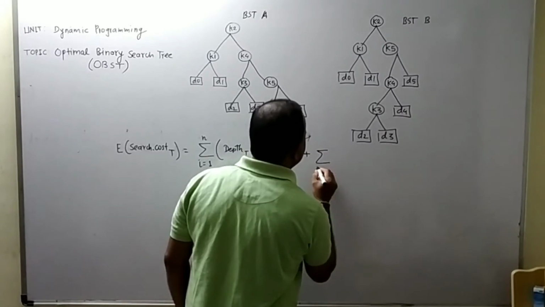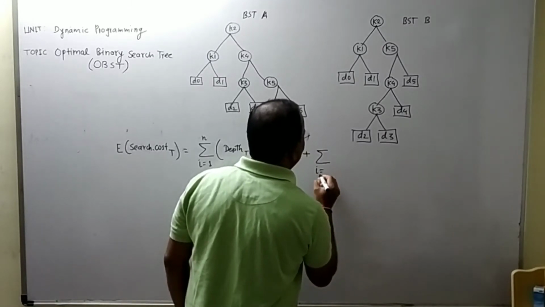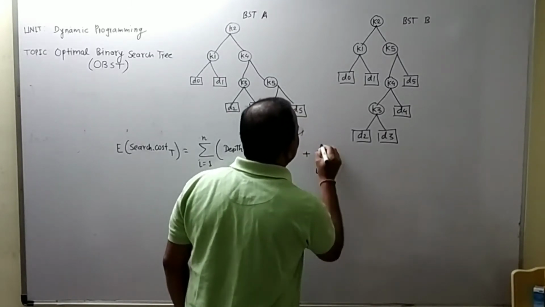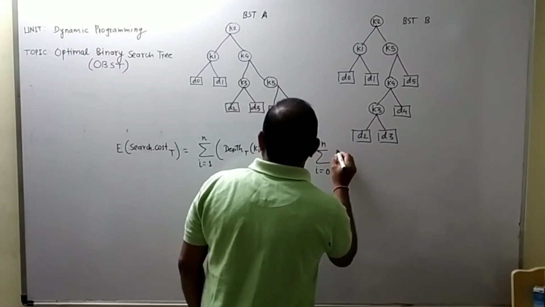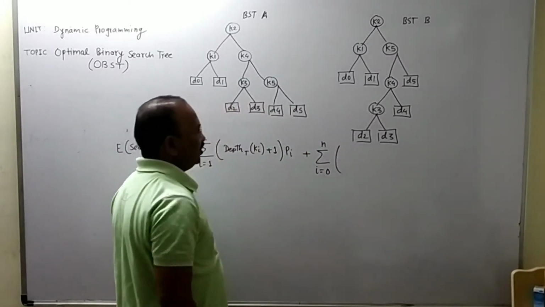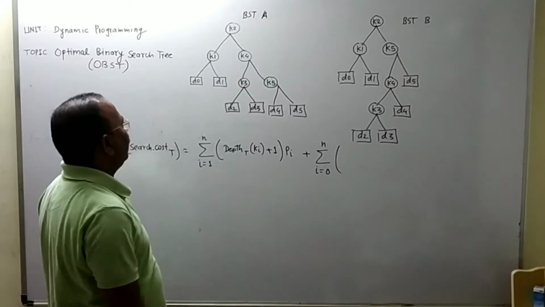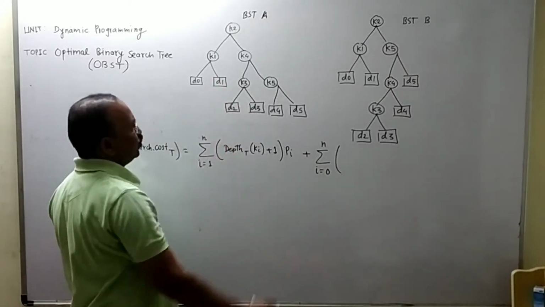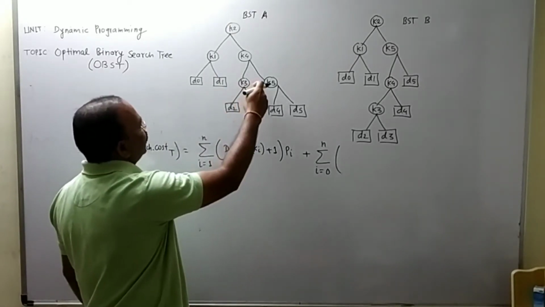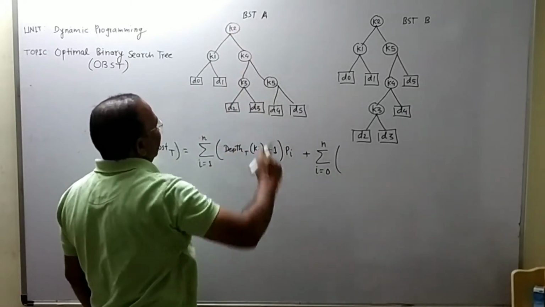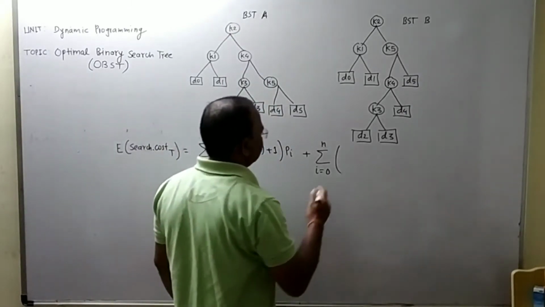Then for the dummy keys, from D0, meaning 0 to n, we know that dummy keys are always associated with the leaf nodes and actual keys are associated with the root node and internal nodes.